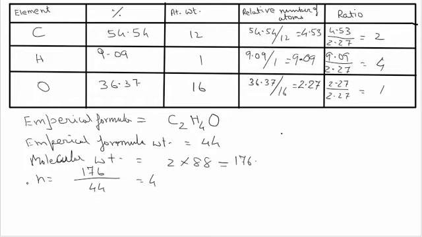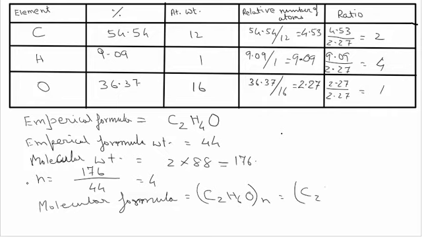Therefore molecular formula is equal to C2H4O into n, which is C2H4O times 4. Upon solving, we get C8H16O4.